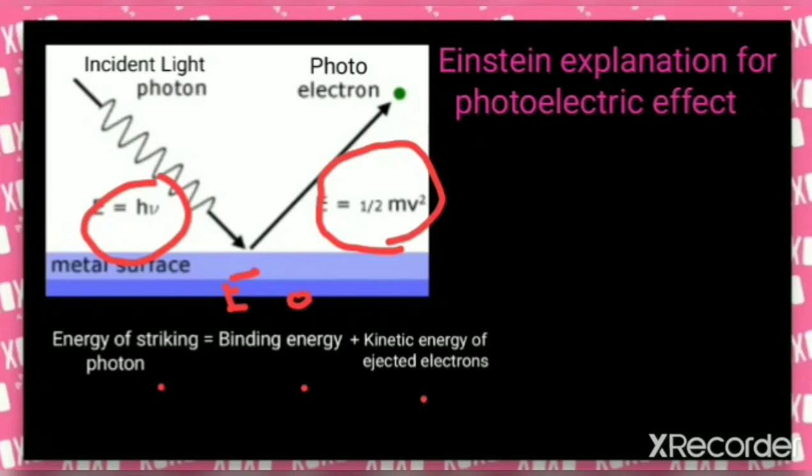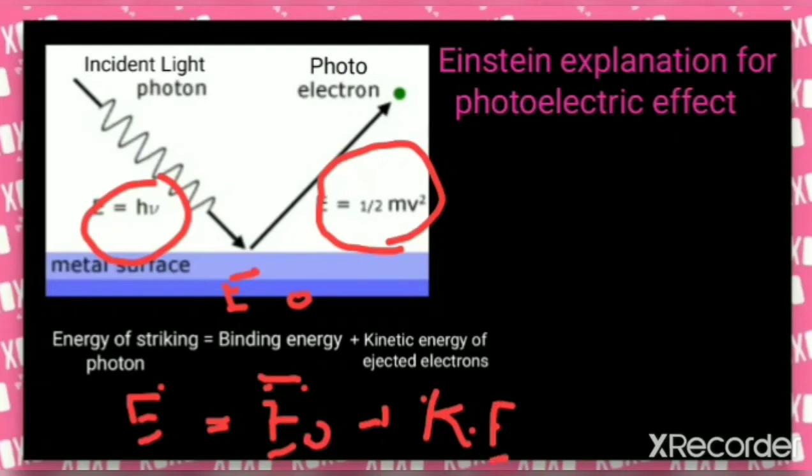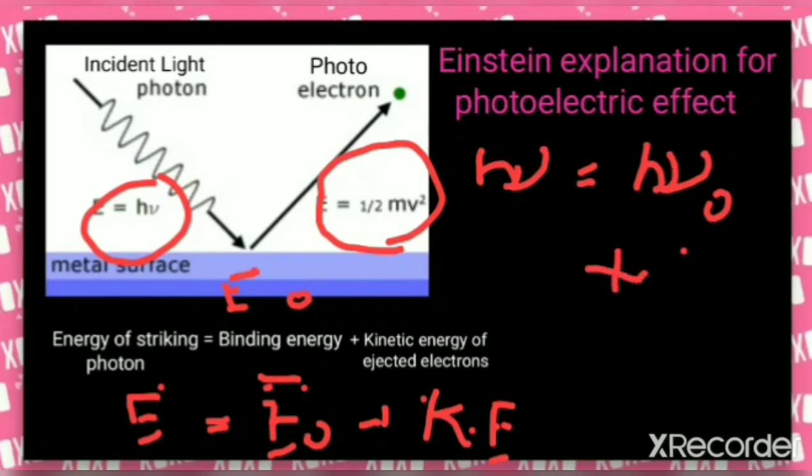So we can write the equation as E, the energy of the photon, is equal to E naught, the energy utilized to eject the electron, plus kinetic energy. When we substitute the values, E is equal to h nu is equal to E naught plus kinetic energy, that is h nu naught plus half m v square.